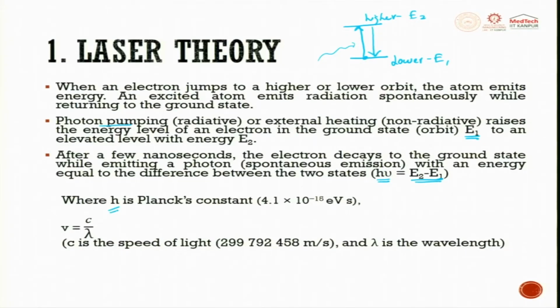h is Planck's constant and nu is c by lambda, where c is the speed of light and lambda is the wavelength. So, you see there is a relationship with lambda which comes into existence. This lambda is very important, which is nothing but the wavelength. You can always wonder, why do you buy a blue laser?